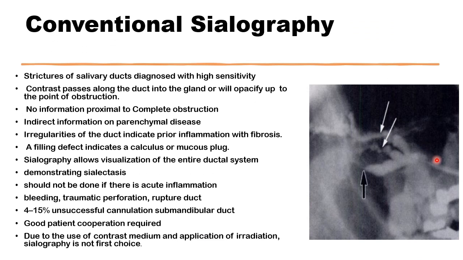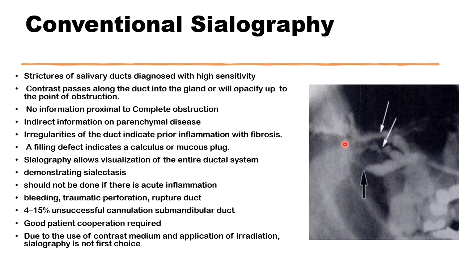Conventional sialography, when a radiopaque dye is injected through the duct papilla into the duct system, would provide information about the whole duct system up to a level of obstruction. Anything distal to this would not show up in the scan, and the information on the gland itself would be indirect in case the dye does not pass to the intraglandular branches.